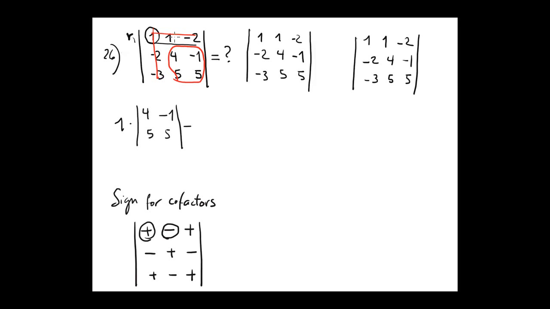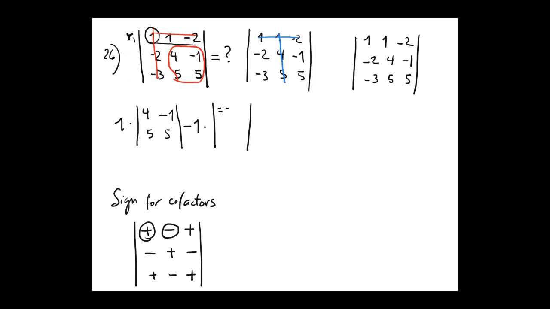Minus multiplied by the entry, in this case 1, multiplied by the determinant that is formed when you delete row 1 but column 2 in this case.